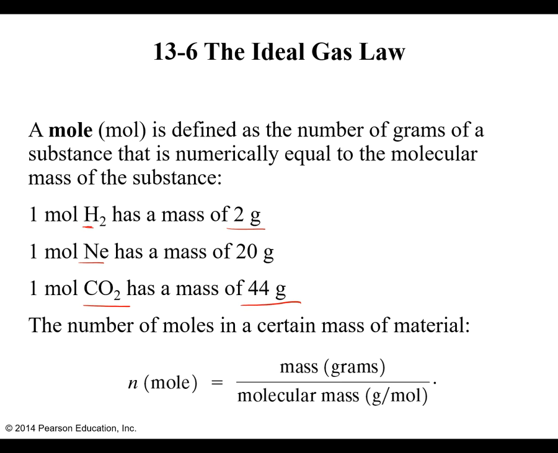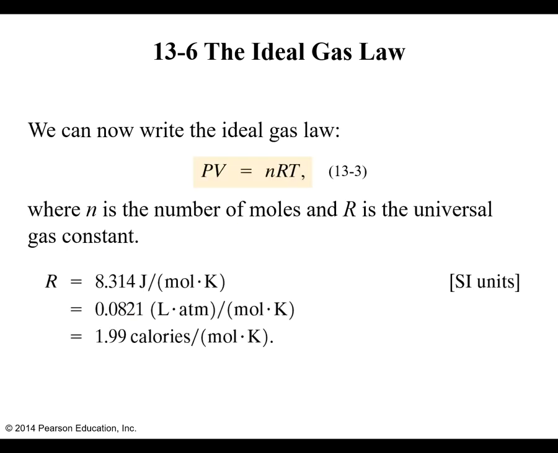And so your molecular mass, which we just defined as having units of grams per mole, if we take the total mass of a gas, whatever the amount is, and divide that by the molecular mass, then we get the number of moles we have in the substance. And we use this n, which is the number of moles of a substance, in our ideal gas equations.